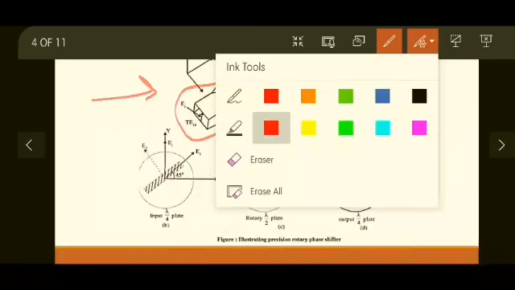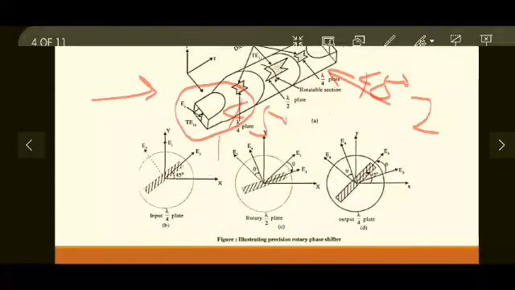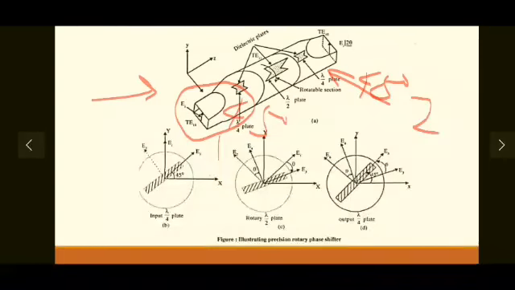And the middle one is rotatable. So the plates at the input section and output section are angled plates, whereas the middle section, which is a larger plate, is rotatable. So it's not a fixed one.